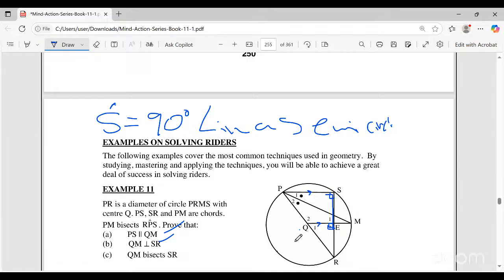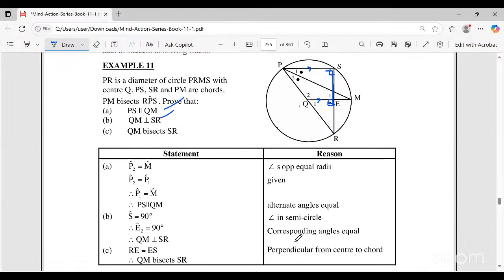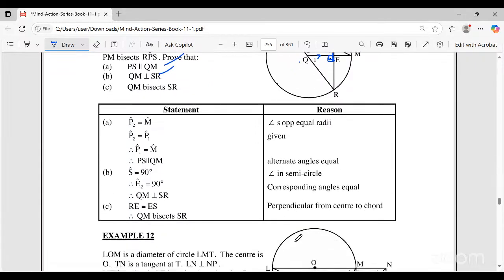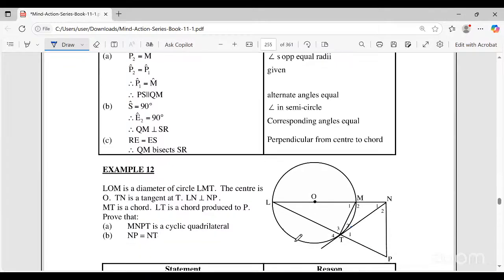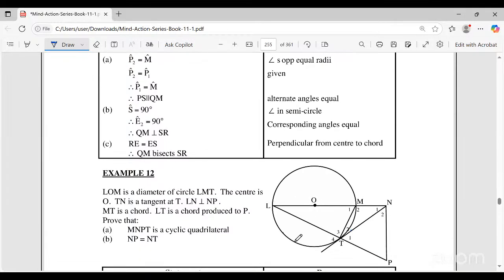Then we can just quickly move to the other problems. I've got example 12 here, the nice example I ever saw today. We are given that LON is a diameter of a circle LMT.